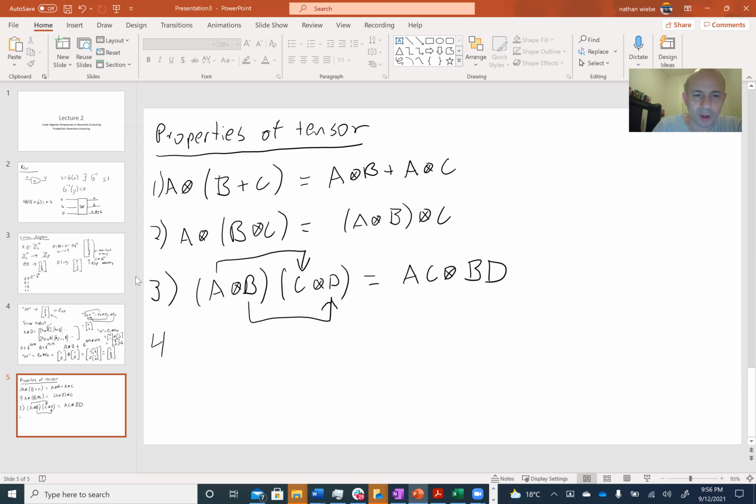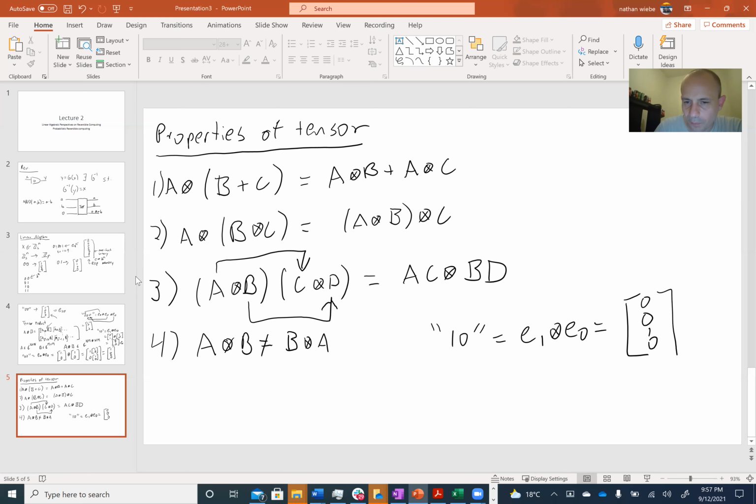But one word of caution I want to give you is that A tensor B is not equal to B tensor A. You can see this as a concrete example. Let's look at trying to form the bit string 1, 0. This is E1 tensor E0, which ends up, as we saw before, being this guy.